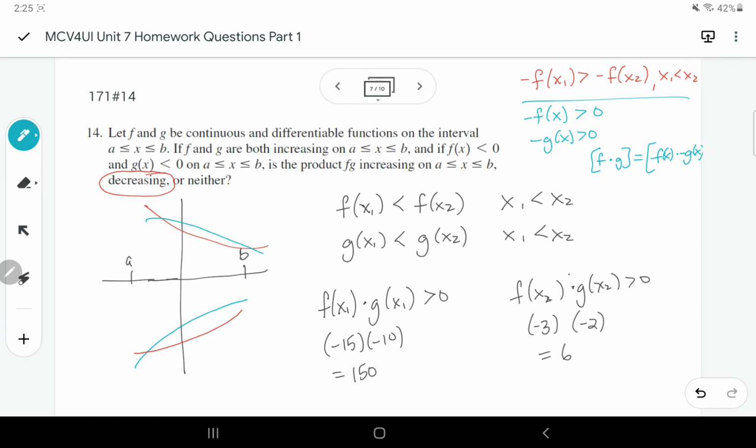So here we have two decreasing positive functions. And if you multiply two decreasing positives, that will definitely be decreasing. So the absolute value of f times g is decreasing, because you could take the negative of each one and state that those are decreasing functions.